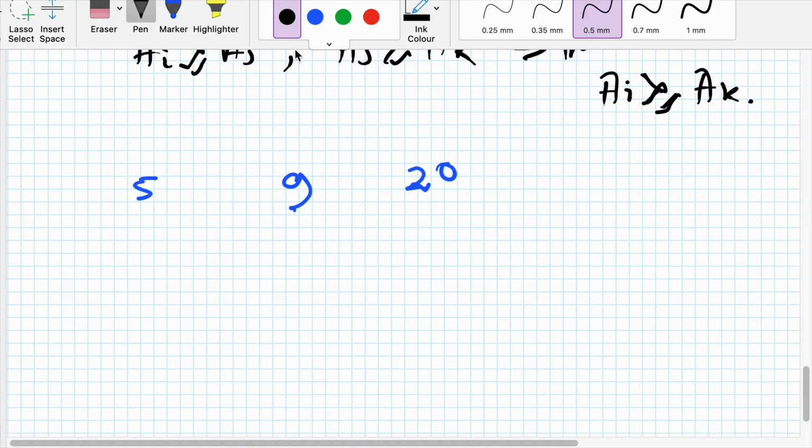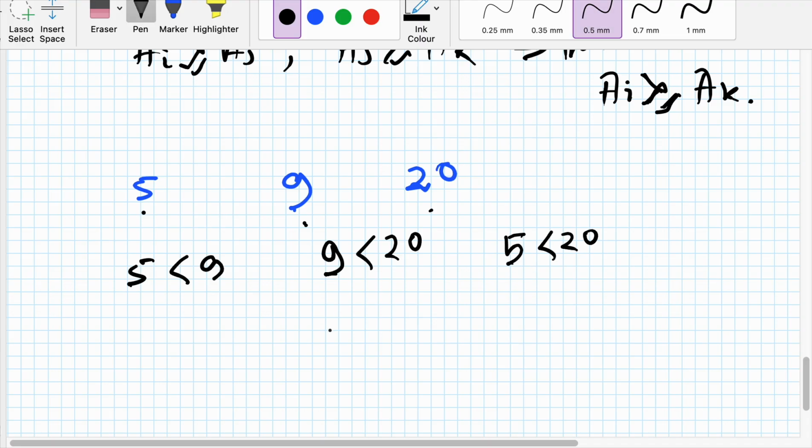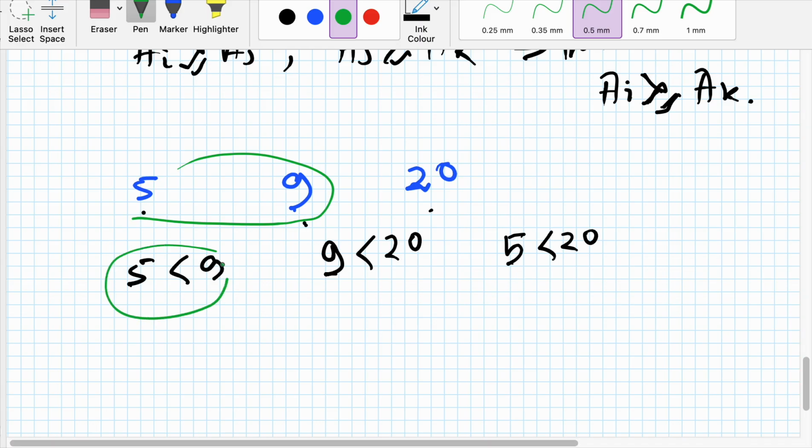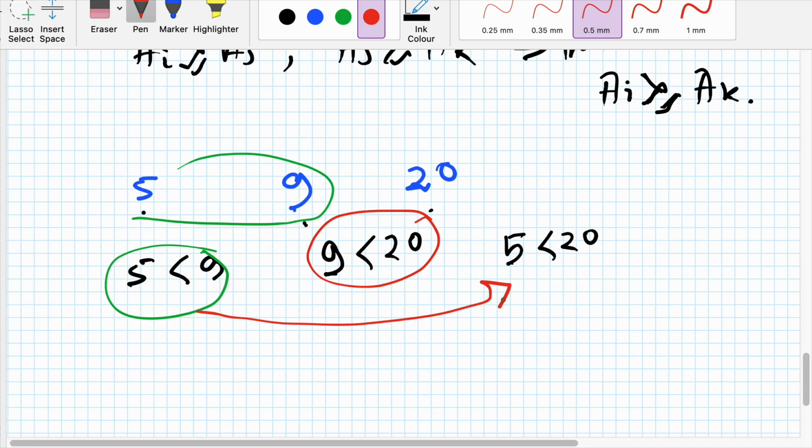Between 5 and 9 there is a relation, 5 is less than 9, and 9 is less than 20, and among 5 and 20, 5 is less than 20. Now this relation is also transitive. How will we see? If you compare 5 and 9, 5 is less than 9, and if you compare 9 and 20, 9 is less than 20, which implies that 5 is less than 20.